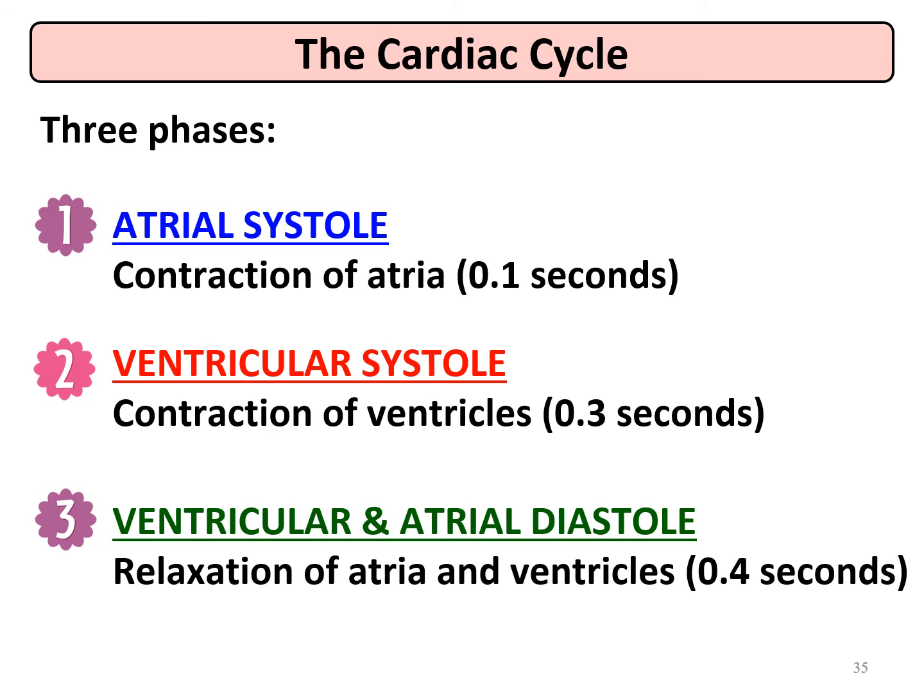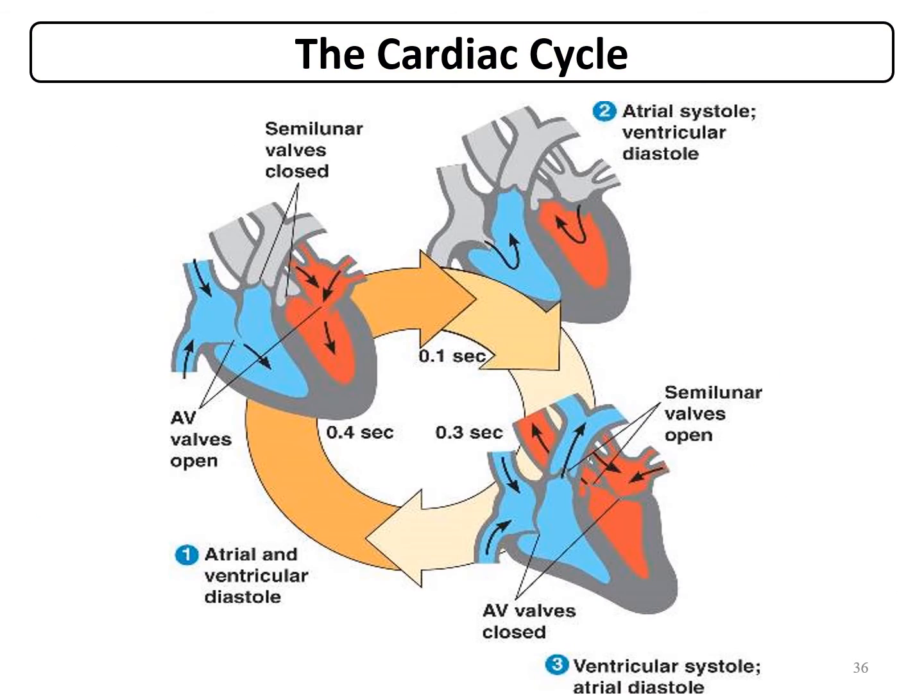There are three phases of the cardiac cycle. The first one is atrial systole, then ventricular systole, and then ventricular and atrial diastole. It should happen in sequence. But when explaining, we can start with either atrial systole or ventricular and atrial diastole.